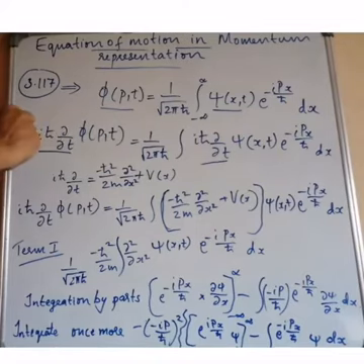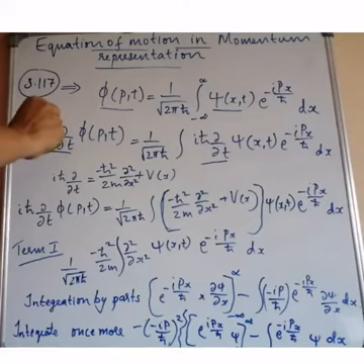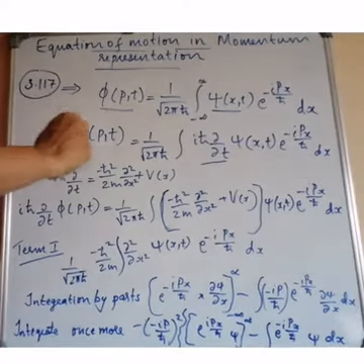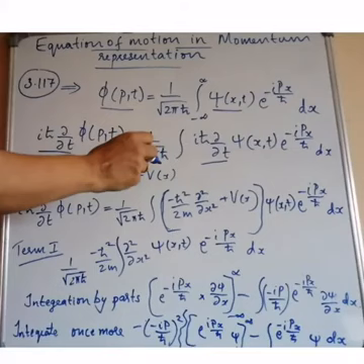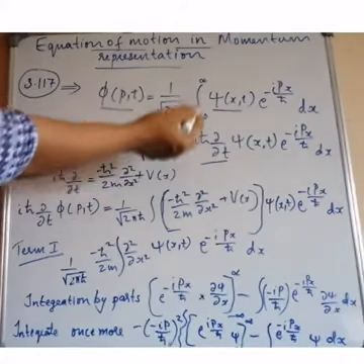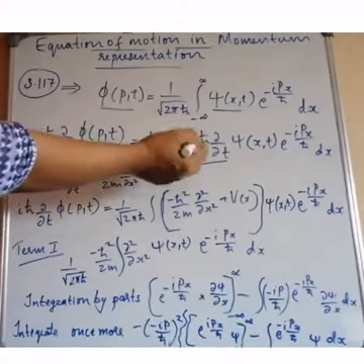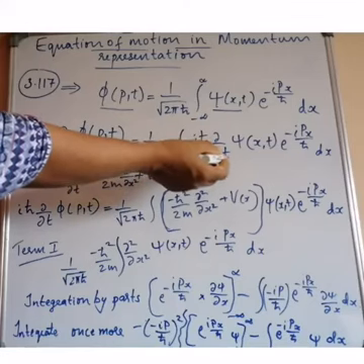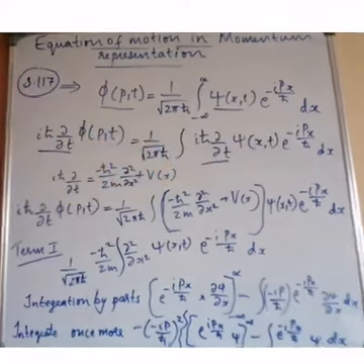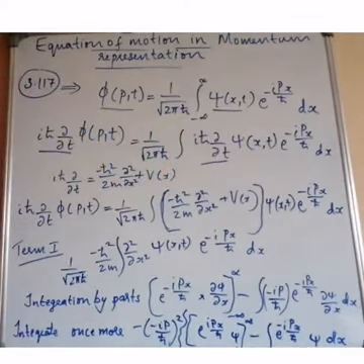On the left hand side we have iħ ∂φ/∂t, which is equal to 1 by square root of 2πħ, integral from minus infinity to plus infinity, iħ ∂ψ/∂t e raised to minus ipx by ħ dx.